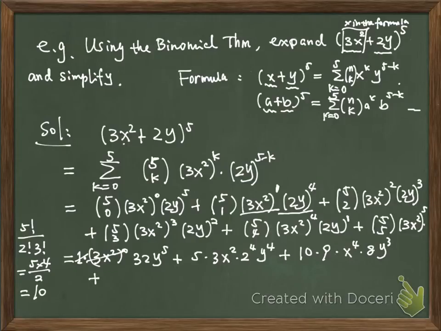And then coming here, we have 5 choose 3. The n choose k actually has the symmetric property, which means n choose k is the same value as n choose n minus k. So 5 choose 3 must be of the same value as 5 choose 2.